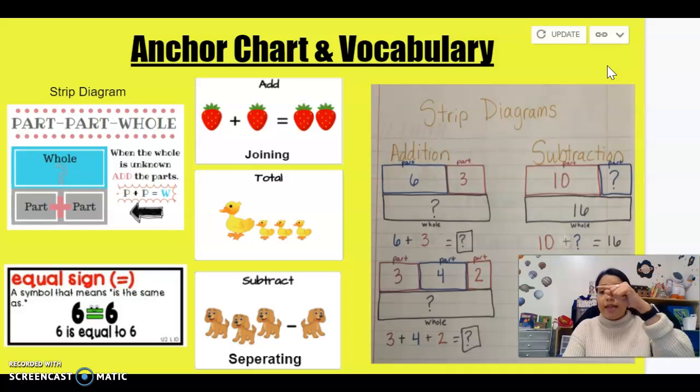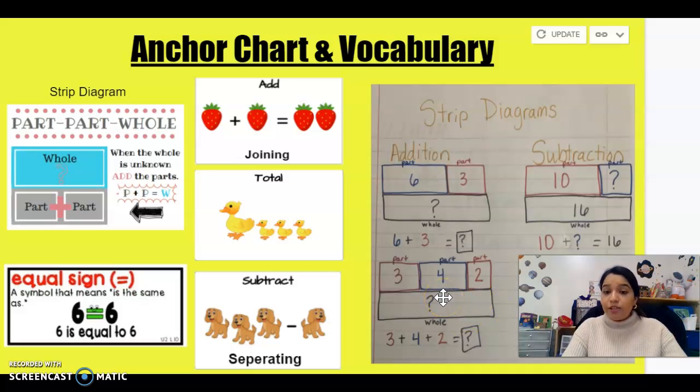Next, let's look at our strip diagram. We're going to look at this problem right here next to me. This problem, y'all did Friday. On Friday, we had a problem with different stickers. There was a person with 3 stickers, 4 stickers, and 2 stickers, and we wanted to know how many stickers they had in total.